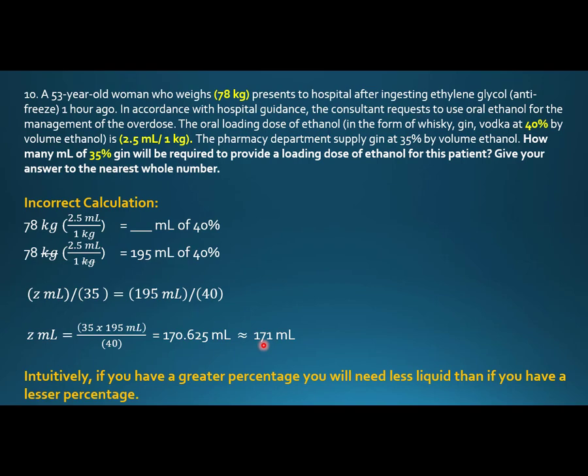Intuitively, if you have a greater percentage, you will need less liquid than if you have a lesser percentage. So if I had 40%, I'm going to need this number, 195, to be less than this number, 171. And that didn't happen here. Because it didn't happen, this can't be correct. I goofed here, and the previous page is the correct one.